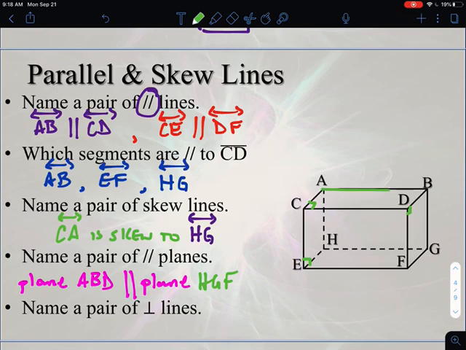For instance, I could choose line AB, and then I want any line touching line AB. So any line that's going to come together and hit AB. For instance, BG. So with these perpendicular lines, if we're looking at this box, we're just looking for any lines that intersect. AB and BG would be perpendicular, and then don't forget the symbol for perpendicular if you want to use that.